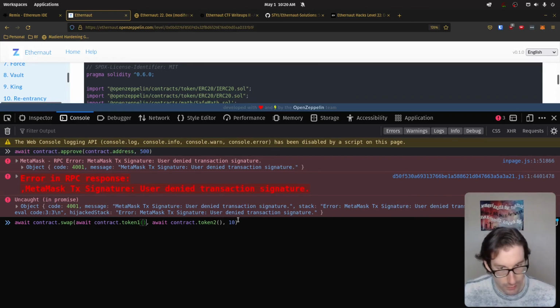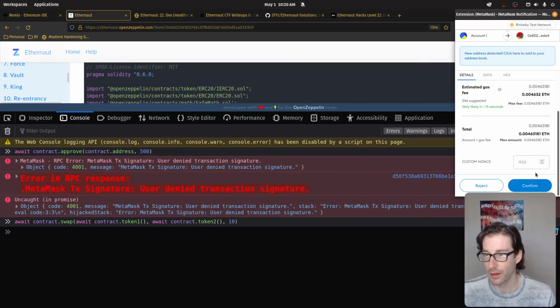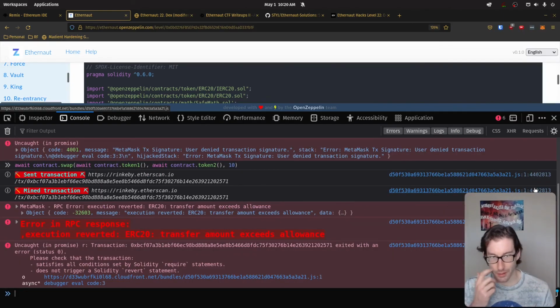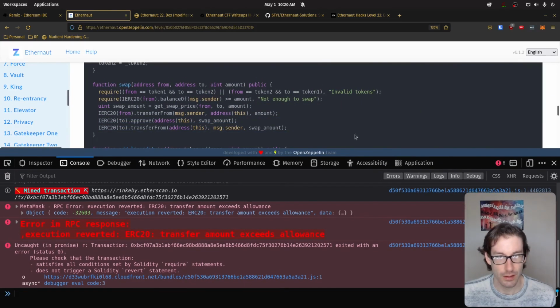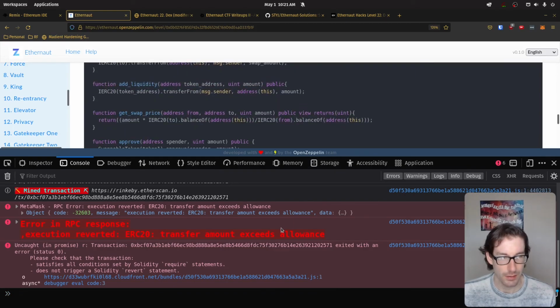So this should work because I have the balance, and I can prove it after I show you this error. And there you go. I've been declined, and my guess as to why is that we've not passed one of the approval checks or the requirements, and it's disappointing.